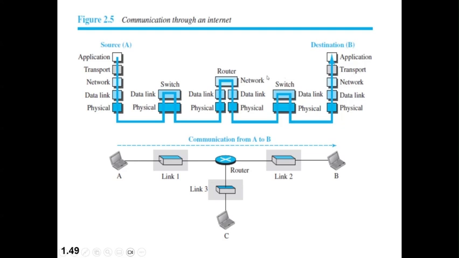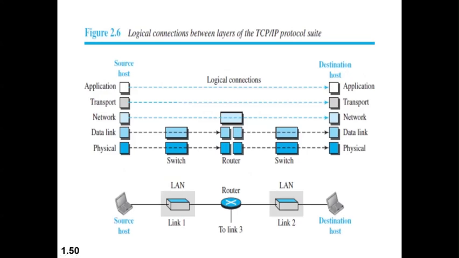Okay. Intermediately, they will go through multiple physical, data link and network layers. They pass through that. If you are asked in the exam, explain the TCP/IP protocol communication, you should draw this diagram which shows you the physical, data link and network layers in between. Okay. Don't simply write 5 layers.